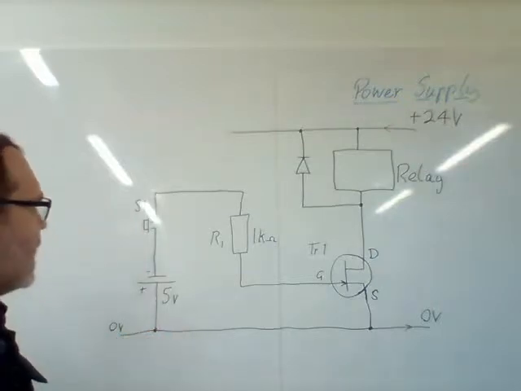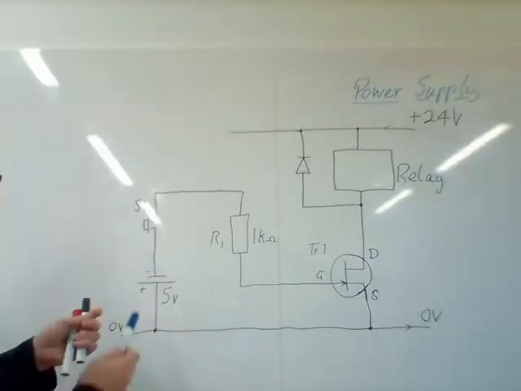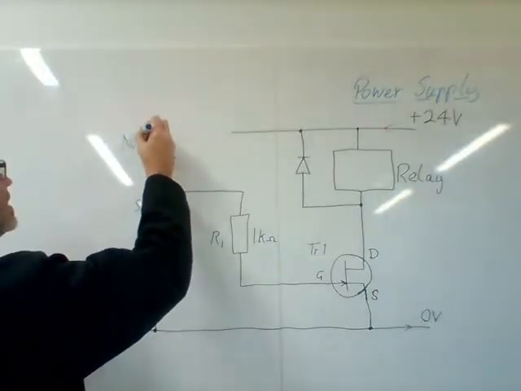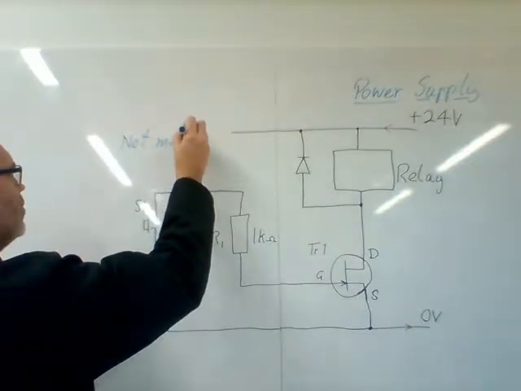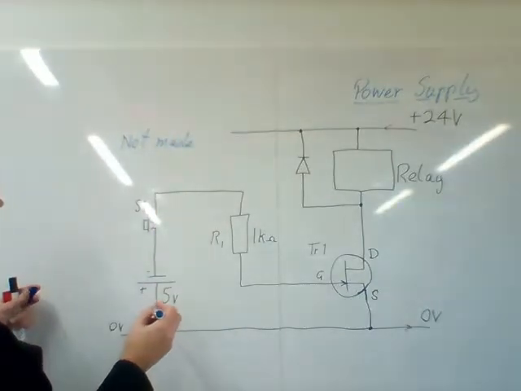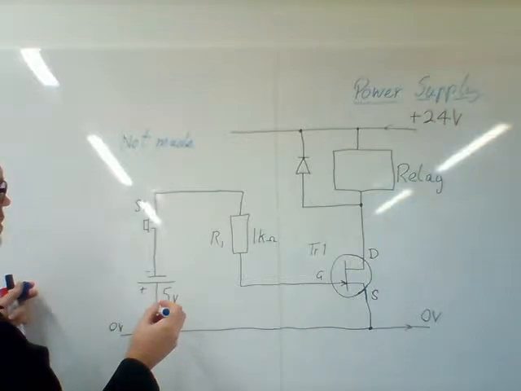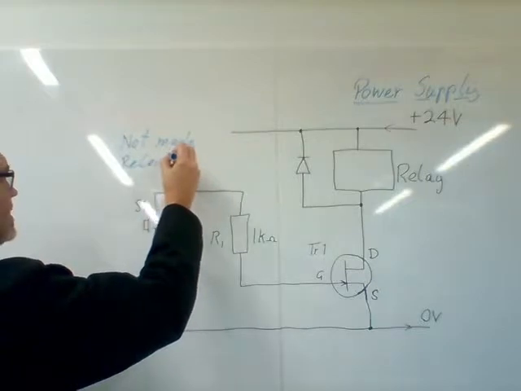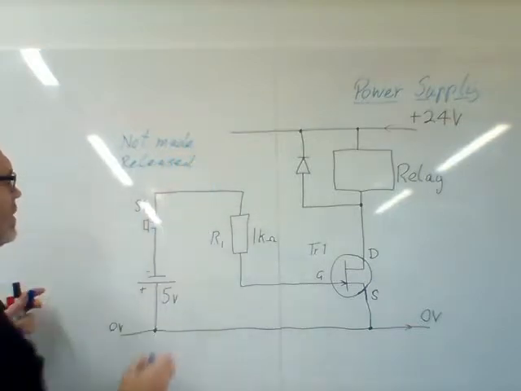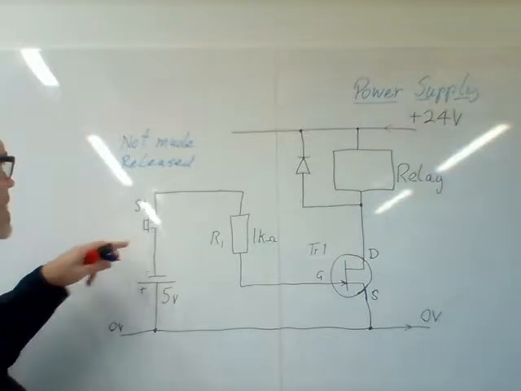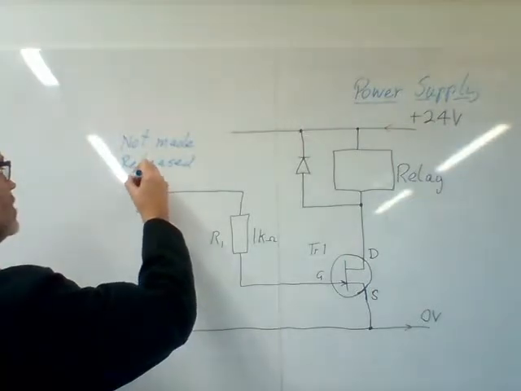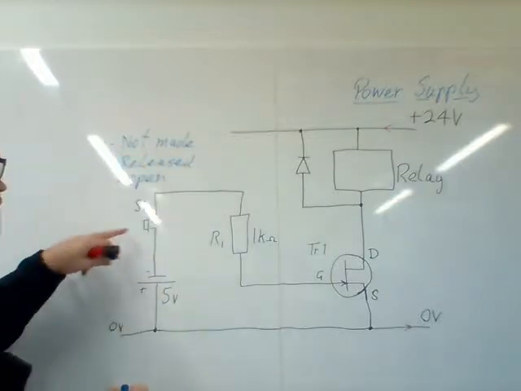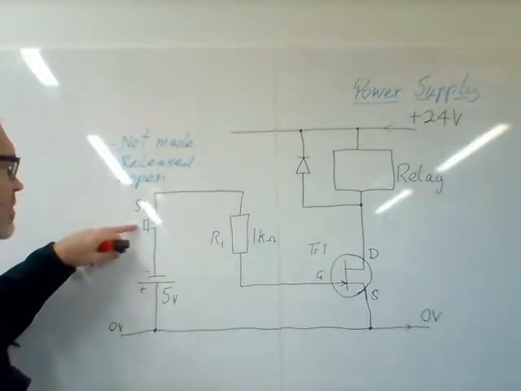As it's sitting at the moment, we could say the switch is not made, or released. The button is released, the contacts are not made. Or another way of saying it is the switch is open. Any one of those three describes the switch in its current state.